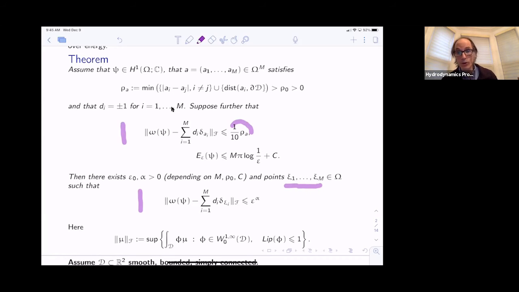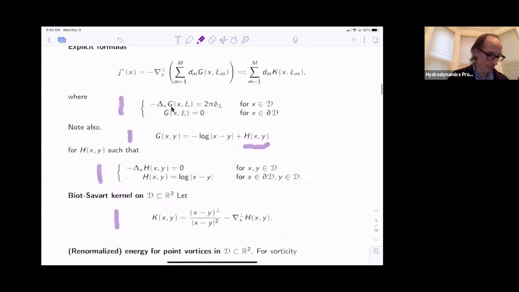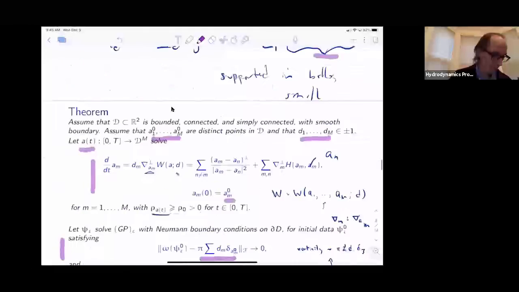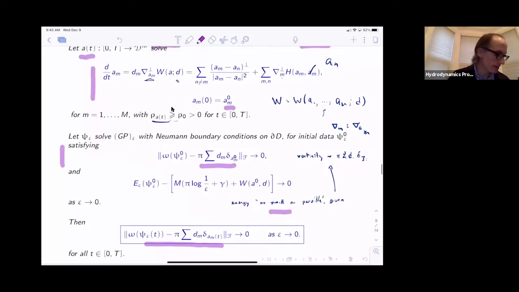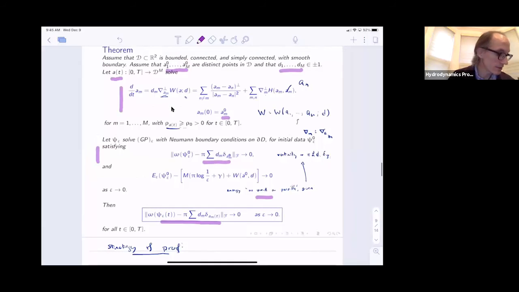And another point to make about the theorem is that, let's go back and look at it. In the theorem, I have these assumptions on energies.